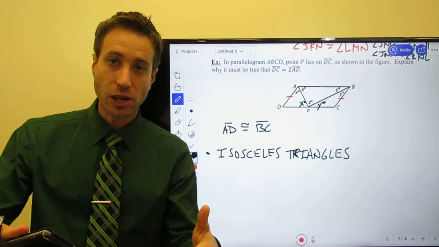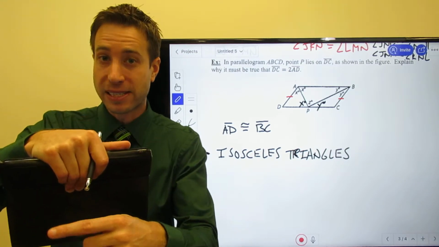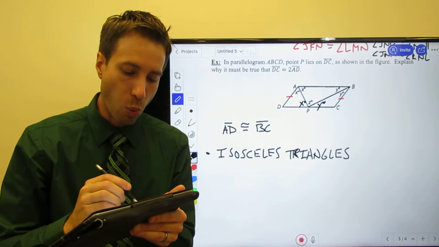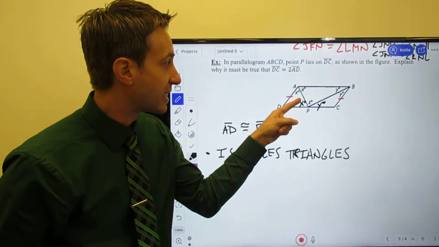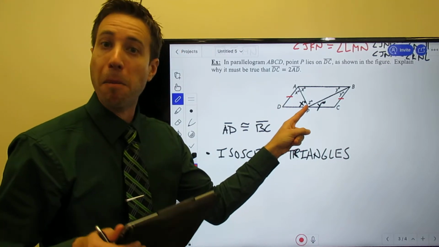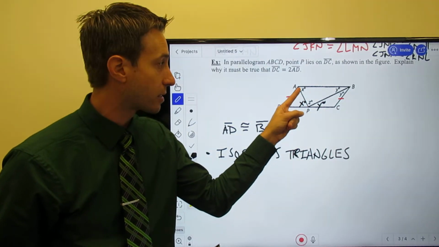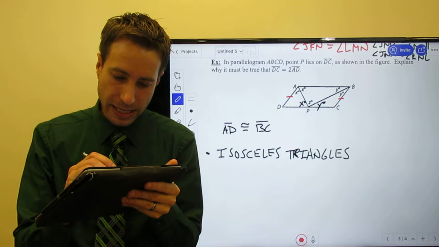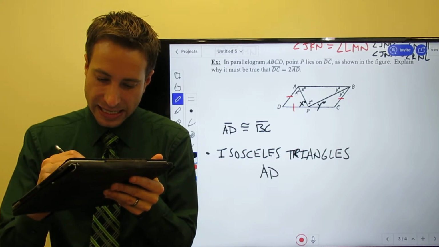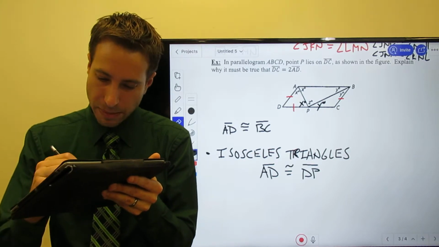Now the theorem with the isosceles triangles was if the base angles are equal, then the sides opposite those base angles are also congruent. What that means is that the side opposite this angle x, which is DP, must be congruent to the side opposite this angle x, which is AD. That just simply means, thanks to isosceles triangles, that side AD is congruent to side DP.